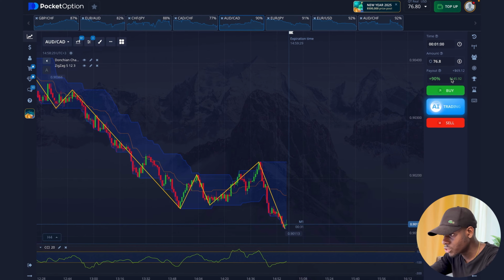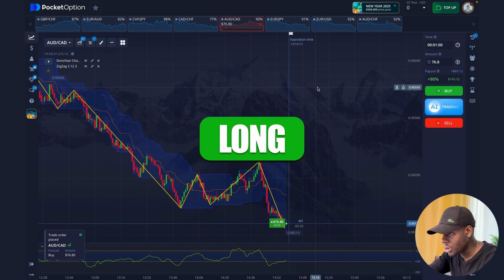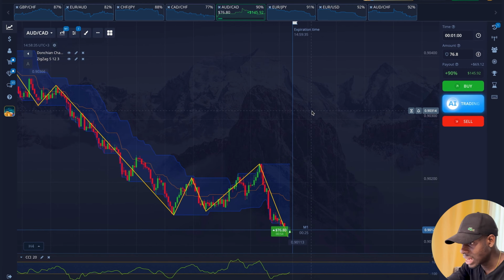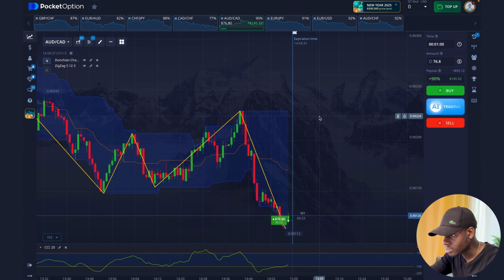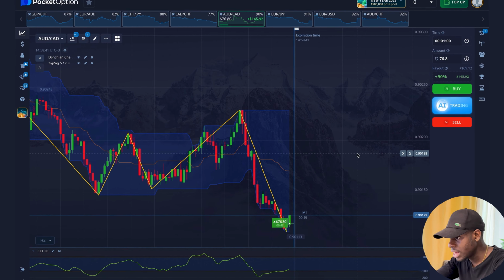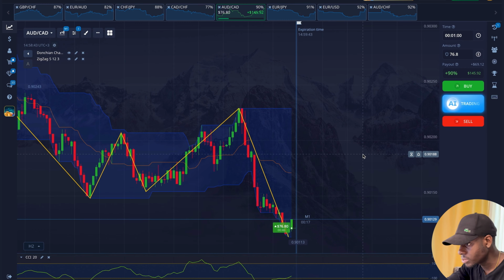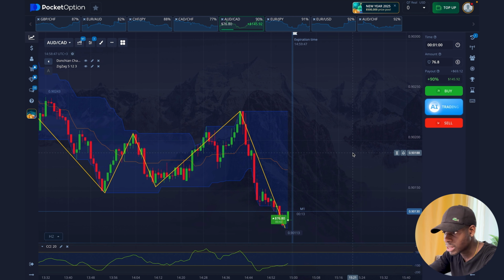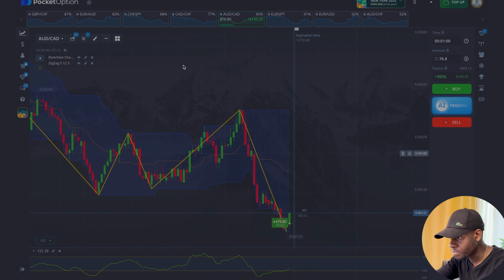Perfect, guys. We have another trade here, and this is very, very similar to the first trade we entered. We got our zigzag update, as you can see, and we also had a touch of the edges of the Donchian channel. Let me just set up the workspace.